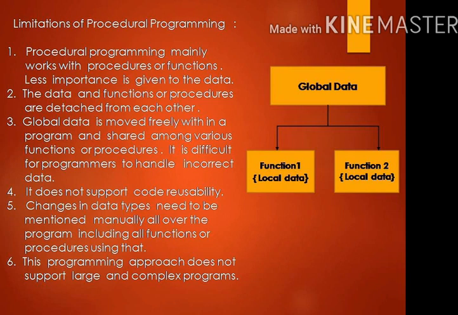Number 2, the data and functions or procedures are detached from each other. Number 3, global data is moved freely within a program and shared among various functions or procedures. It is difficult for programmers to handle incorrect data.